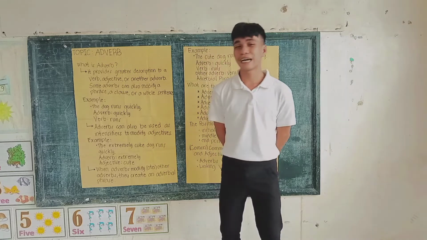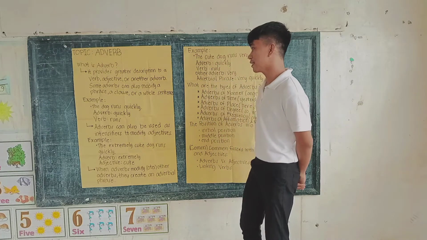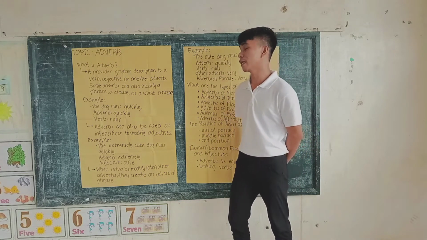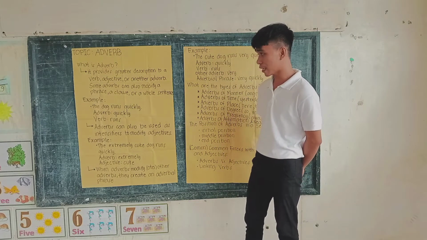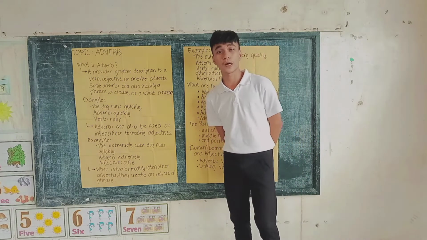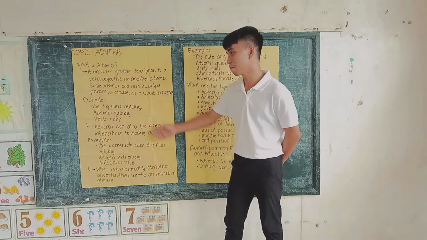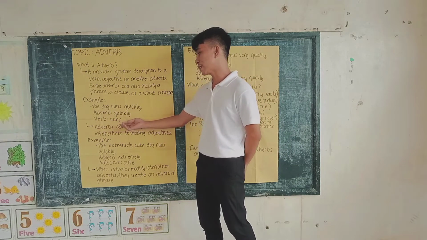Excellent. Adverb is one of the main parts of speech that provides greater description to a verb, adjective, or another adverb. Some adverbs can also modify a phrase, a clause, or a whole sentence. Like for example, the dog runs quickly. We have here adverb quickly, verb runs.